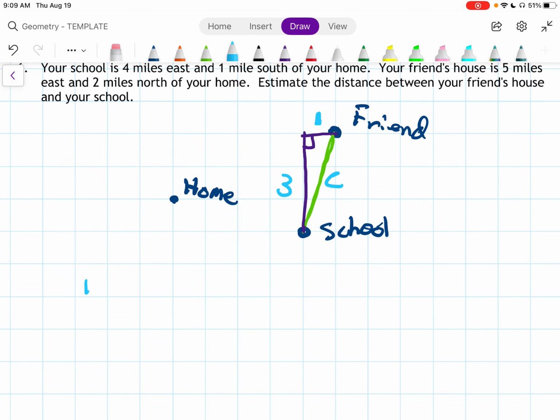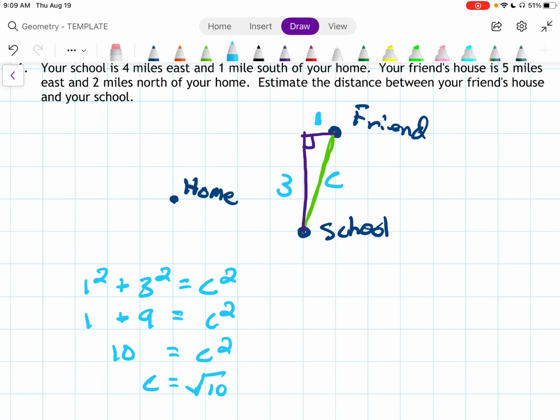So I know that 1 squared plus 3 squared equals C squared. 1 squared is 1, 3 squared is 9. 1 plus 9 is 10, equals C squared. So C is the square root of 10.